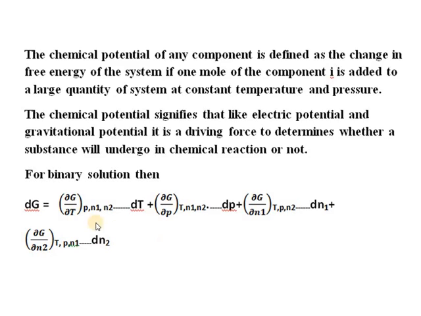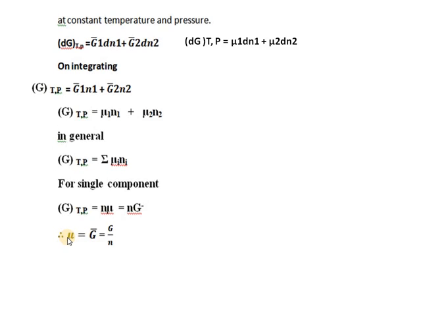At a constant temperature and pressure, we can rewrite this as dG at constant temperature and pressure is equal to G1 bar dn1 plus G2 bar dn2.